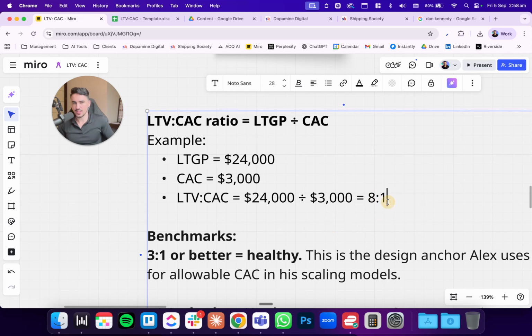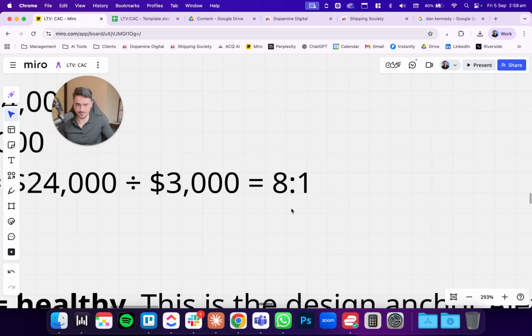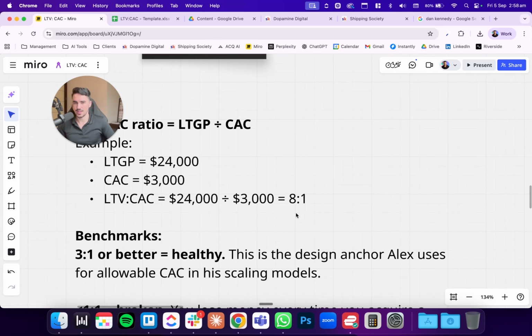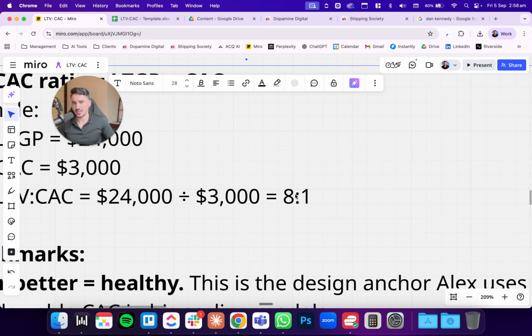I know the first time I saw this, what confused me was the colon and the 1, and what this ratio was. But you could get rid of the 1, because everything divided by 1 is just itself. It's a ratio, so we know that for every $1 we spend on acquiring a customer, we get back 8.